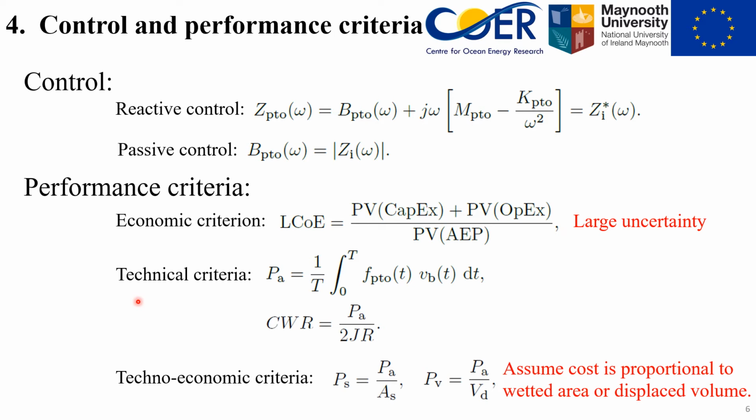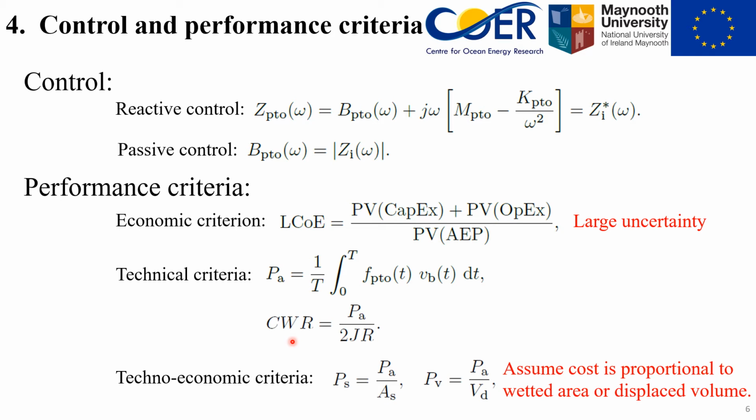Technical criteria are generally used for evaluating WEC performance and also for geometric optimization, including the average power and capture width ratio.